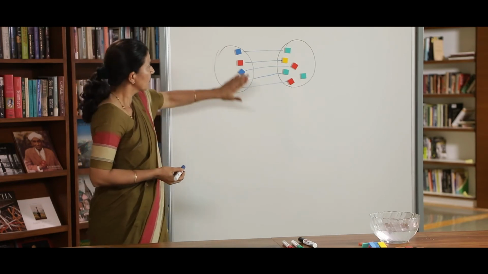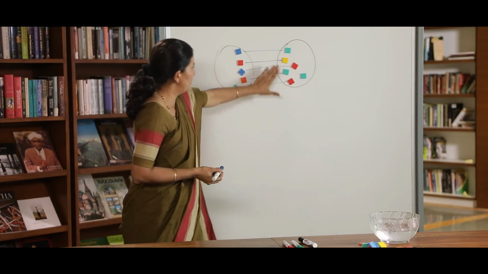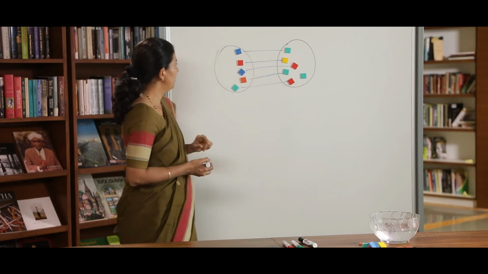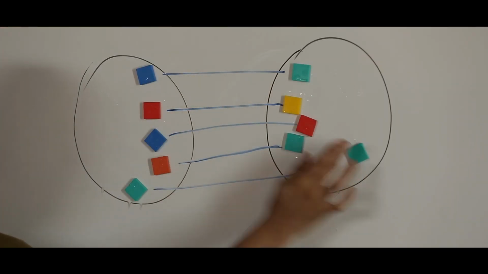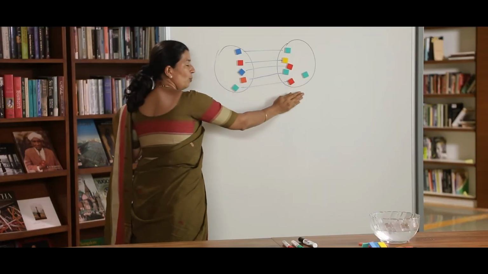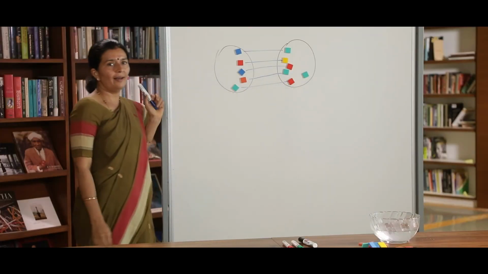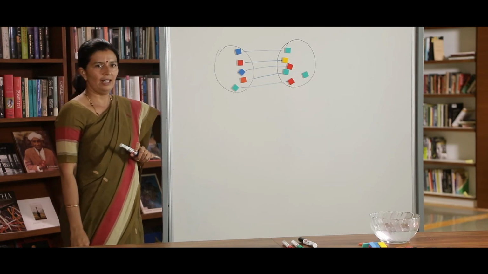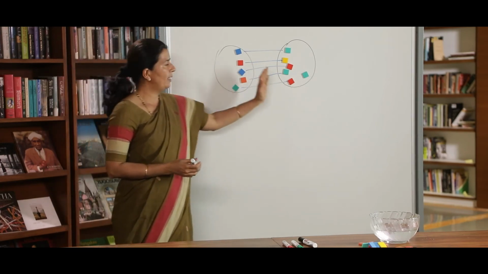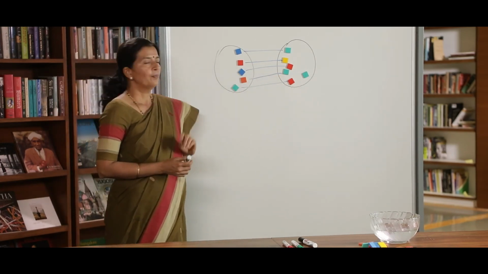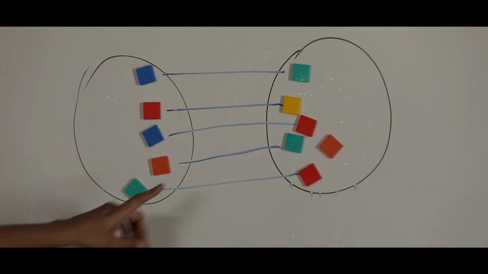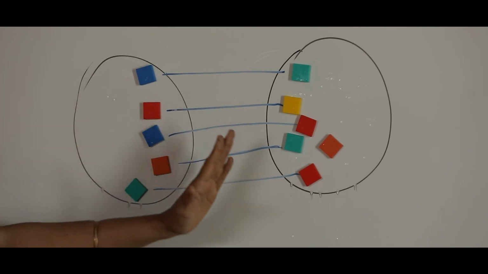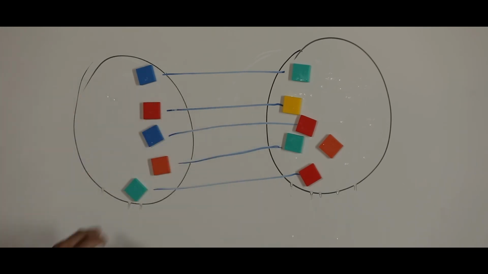There are so many square counters here and there are so many square counters here. All these square counters have a match, but this one does not. So, this group has more square counters, right? This is one-to-one correspondence, joining one with the other and comparing.